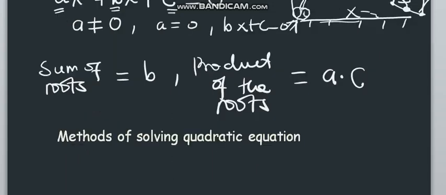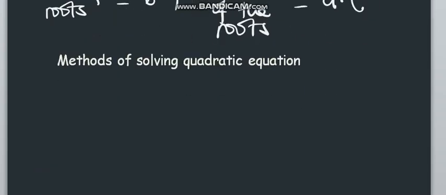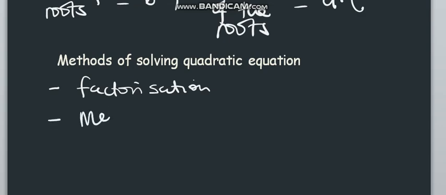Good. Now let us go to the methods of solving a quadratic equation. We have three methods that we use to solve a quadratic equation. One, the factorization method. Two, the method of completing squares.